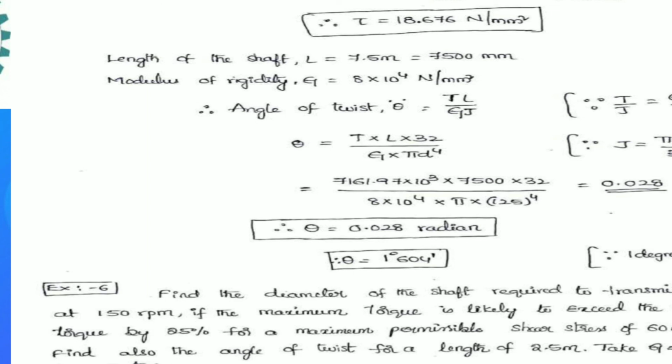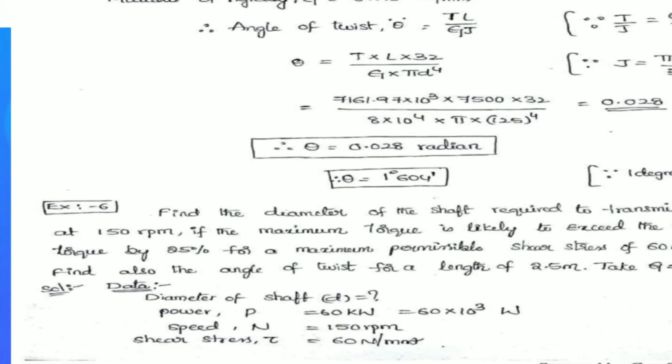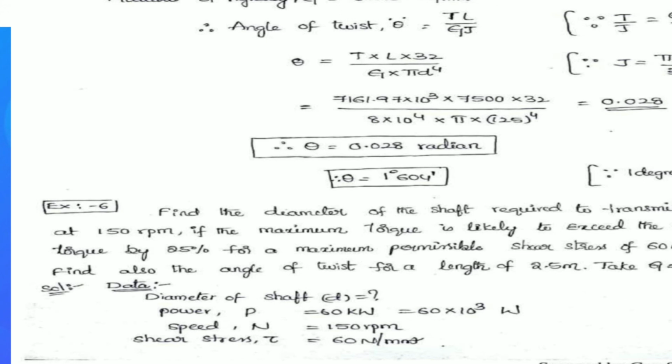Finally, theta is equal to 0.028 radian. In degrees, 1 degree 604 seconds.